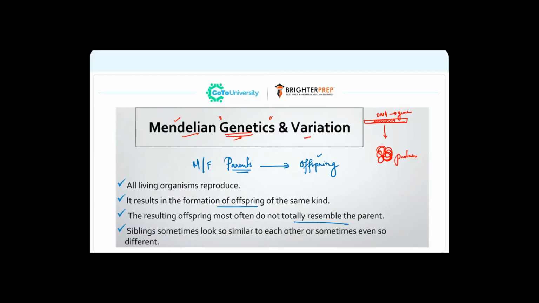Siblings sometimes look very similar to each other, or sometimes very different. Both mother and father contribute certain traits to the progeny together, so as siblings we could have some similarity compared to the parents, and in some cases the parents may be more similar to the kids.